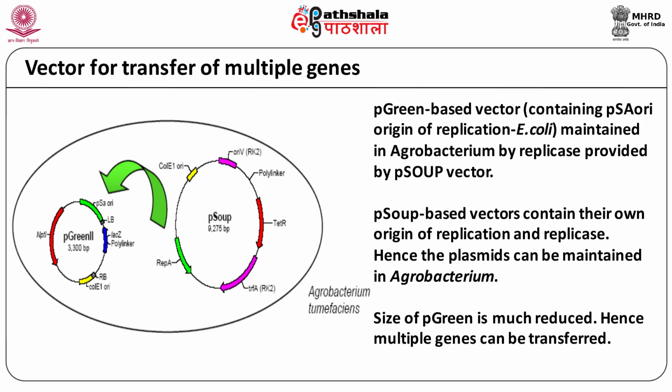This origin was recognized by a replicase RepA that was provided in trans by another plasmid, pSoup, introduced into the same Agrobacterium cell. This enabled the binary vector to be maintained in Agrobacterium itself, and the small size of the pGreen plasmid allows insertion of multiple genes into the plant.